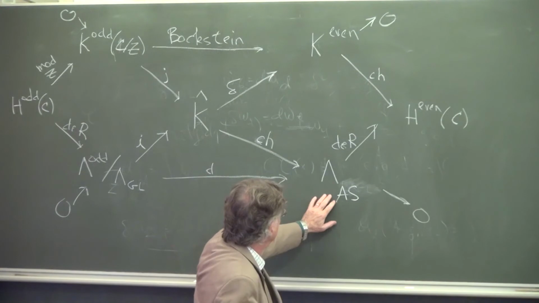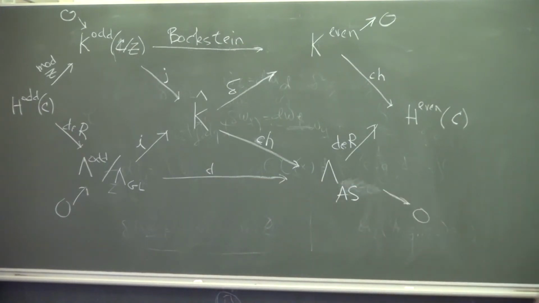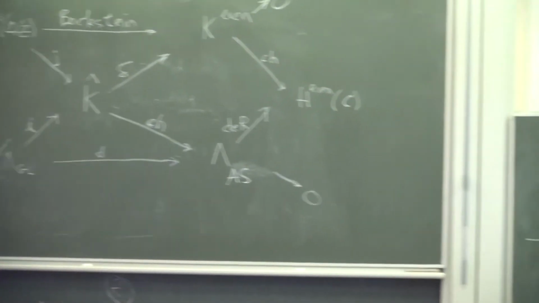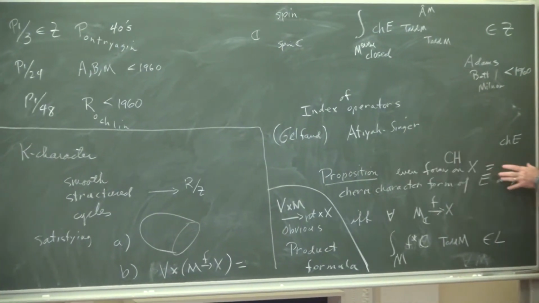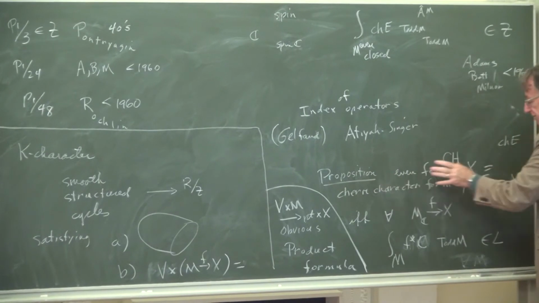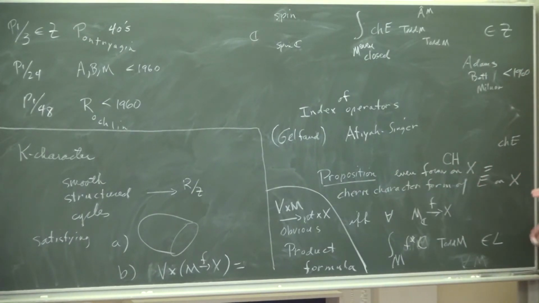And so the statement is, here's a proposition. I'm going to say it in the stronger form. I could say a cohomology class is a Chern character of a bundle if and only if. But I'm going to combine it with what Jim said.